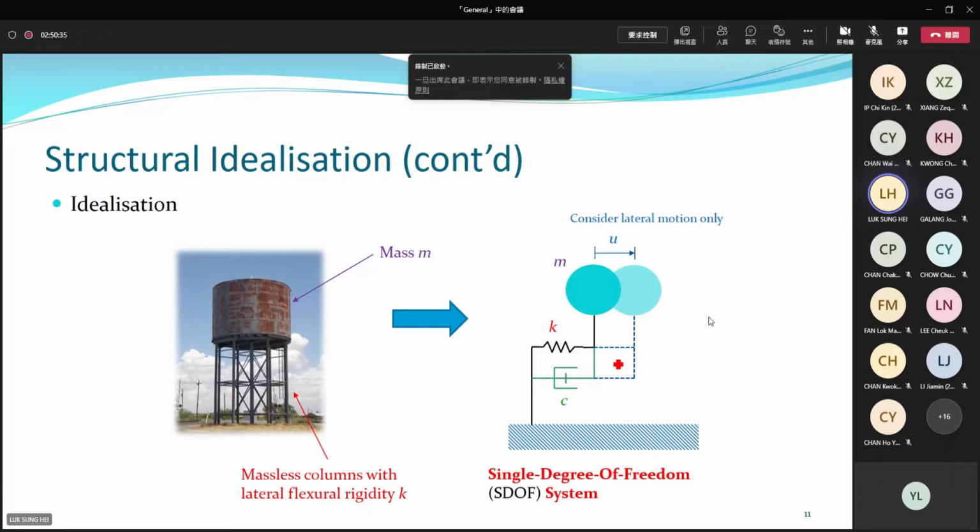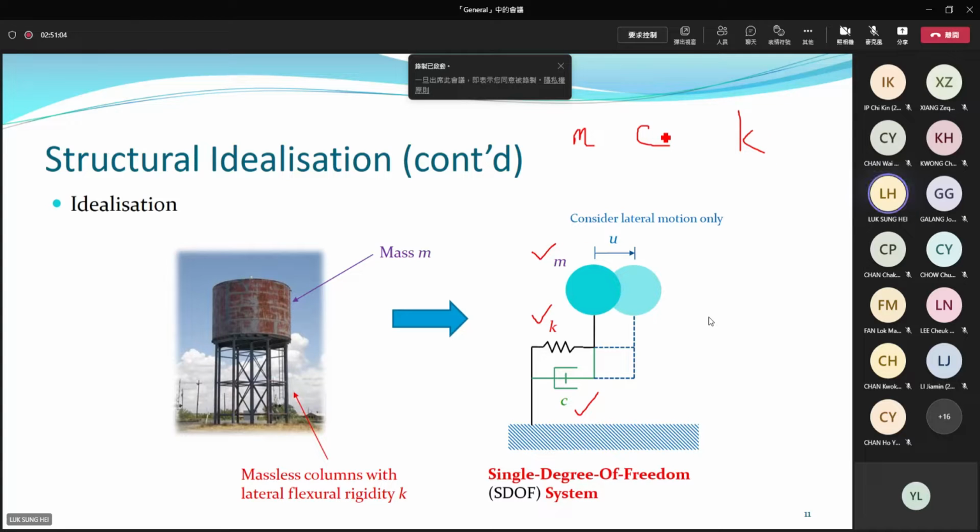So in conclusion, at the beginning, let us consider a single degree of freedom system. To describe a single degree of freedom problem, you need 3 properties: M, mass; K, stiffness; and the damping coefficient, C. MCK. Remember that when you want to describe a single degree of freedom system, you need 3 parameters, MCK.